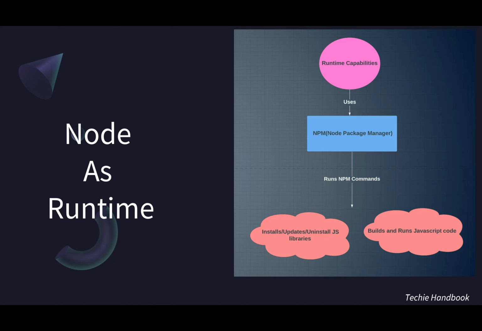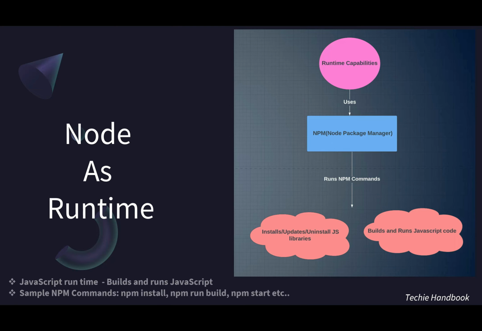To provide all this support, Node uses its own built-in tool called NPM. NPM means Node Package Manager. It has a command line utility where the NPM commands can be executed based on the need. For example, npm install is a command used to install any library.